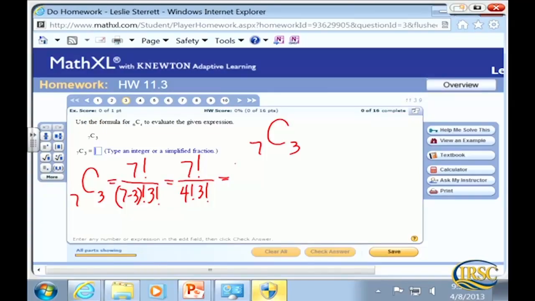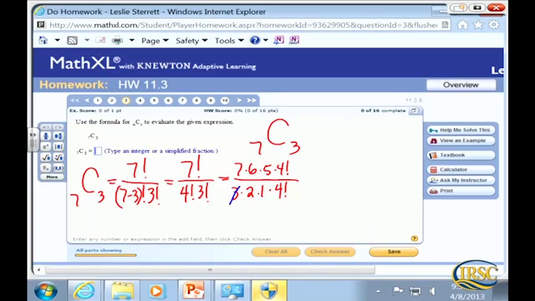So I'm going to go ahead and count down to 4: 7, 6, 5, 4, but I'm going to stop there because I know that the rest of that is going to cancel with the 4 factorial that I already have in the denominator. But I still need to expand out the 3 factorial, so 3 times 2 times 1 is what I have. Because let's first see what can cancel.